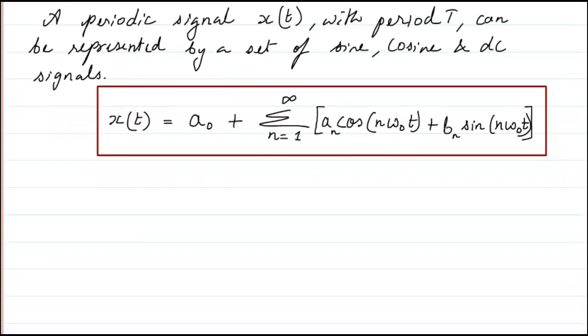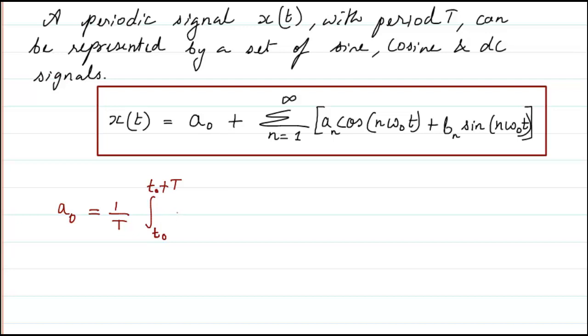And you can find out the value of A naught by the formula 1 by T integrating within a period. So let the period start at t0 and end at t0 plus some time period T, which is the time period of the periodic signal.